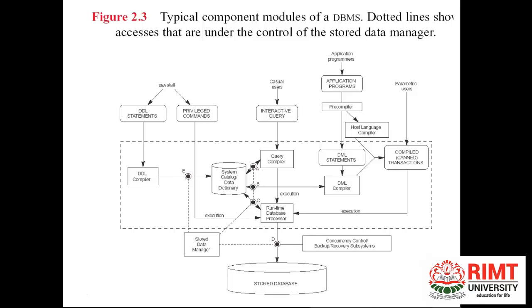Some compilers have a pre-compiler, or sometimes we call it a pre-processor, for the purpose of processing statements that are not part of the computer programming language. Clear? If your source program contains, for example, EXEC SQL statements, then it must first be pre-processed to convert these statements into COBOL or PL/I or assembler language statements.